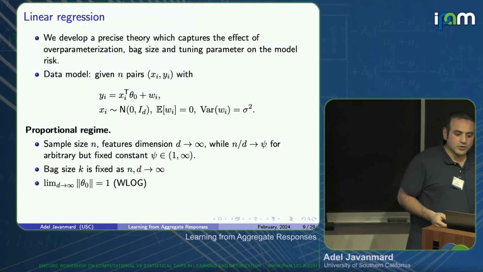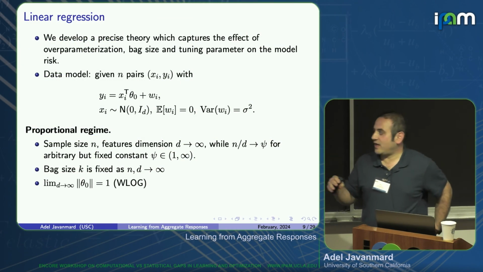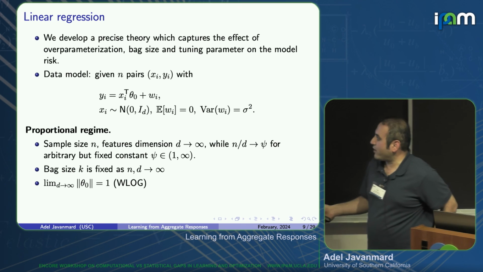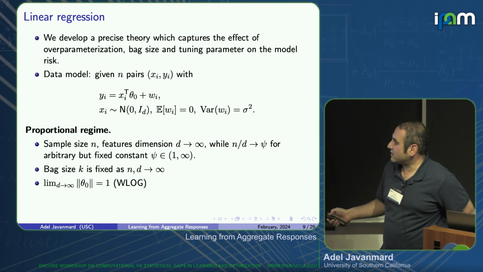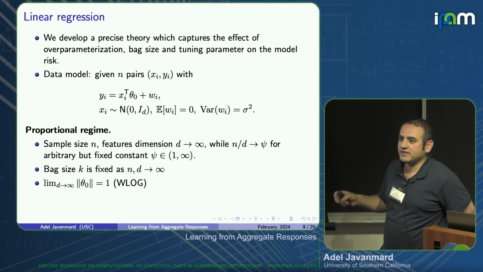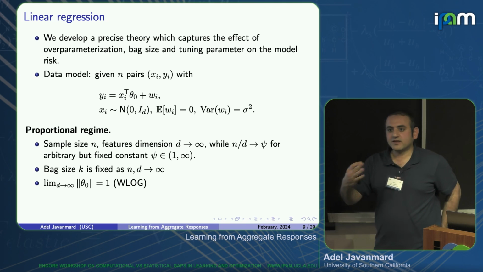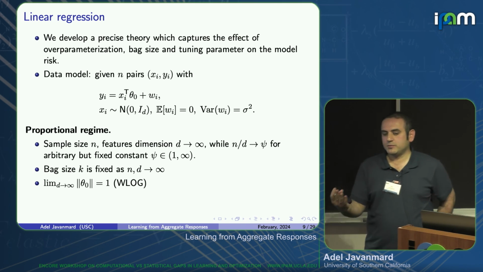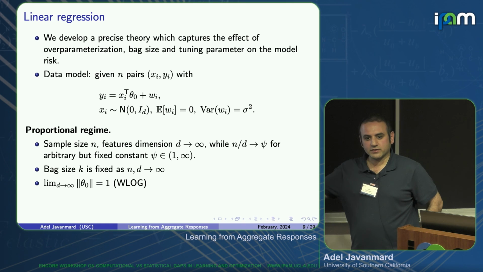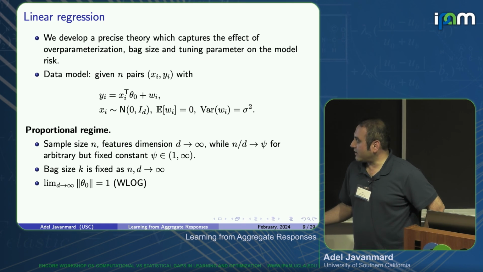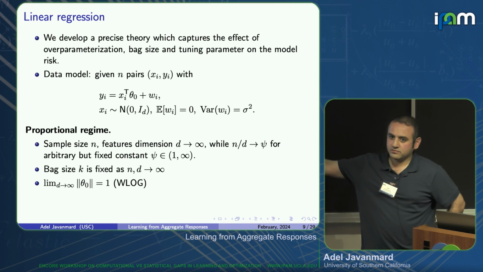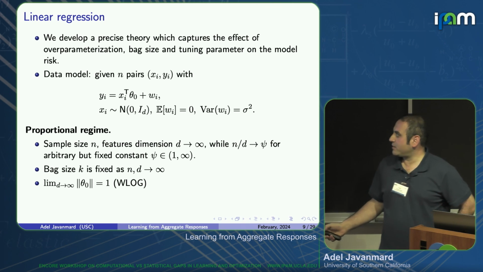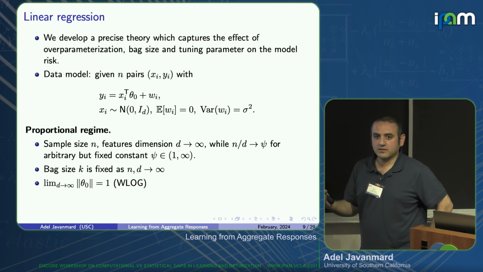And then we consider a proportional regime where the sample size and the feature dimension are growing at some proportion. So n over d is going to some constant. This constant is arbitrary, but should be fixed. It could be less than 1, or it could be very, very large. So you can cover the under-parameterized to very over-parameterized regime, but n and d should grow at the same rate.